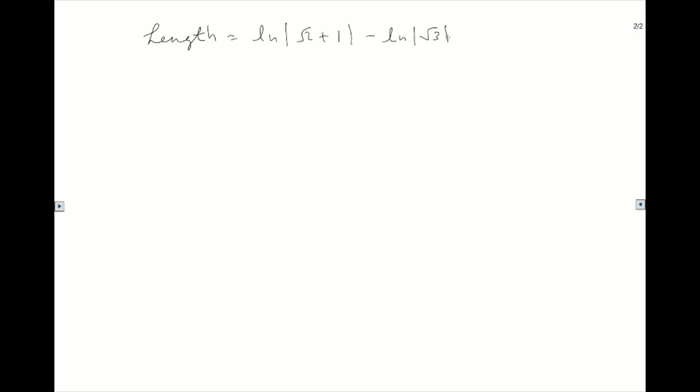Combining these two, it's a division, so you get ln of 1 plus square root 2 over square root 3. Finally, you can write this in a very pleasing form: square root 1, square root 2, and square root 3. So that's the answer, the length of the curve.